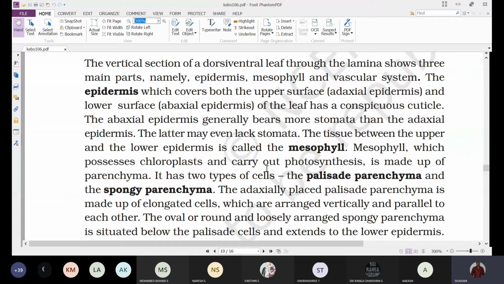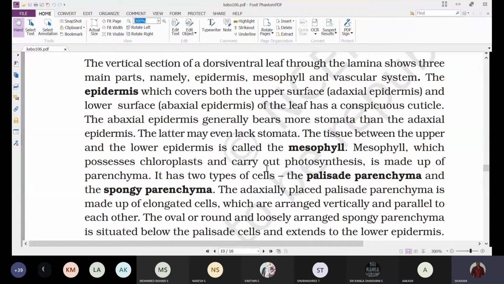Usually we will find more stomata on the lower or abaxial surface when compared to the adaxial surface, or upper surface, or dorsal surface. So we can observe very clearly. We can differentiate whether the leaf is dicotyledonous or monocotyledonous by observing under the microscope, mainly based on the presence of stomata.